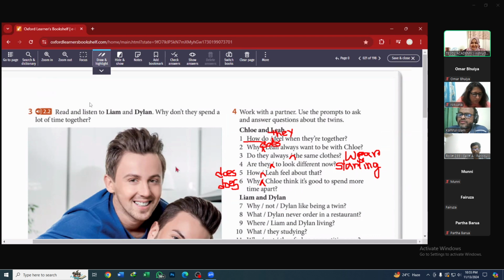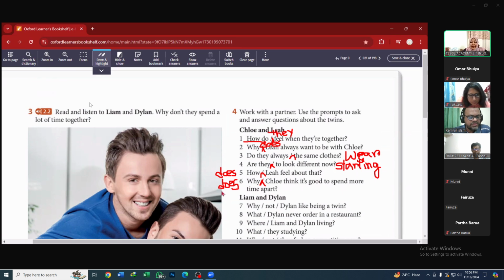How does she feel about looking different from her sister? Does she like it or does she not? Sad. She feels sad, right? Very good, very good. She doesn't like the fact that they are starting to look different, and she said that she hates it. She doesn't like it, right? Very good. Last one, Miss Ria.